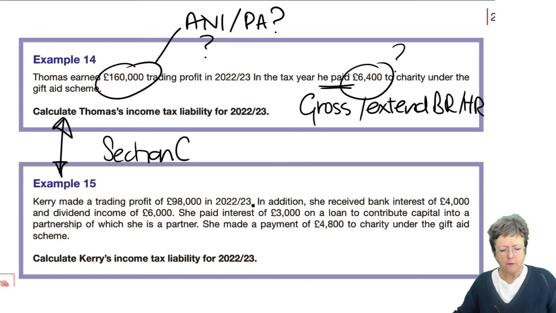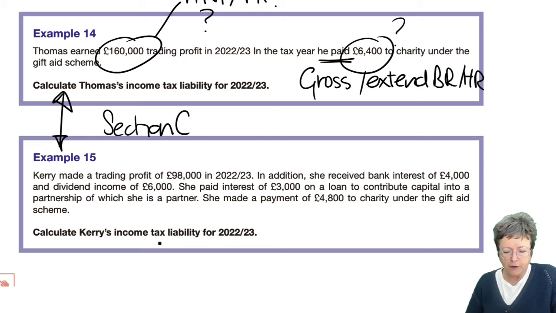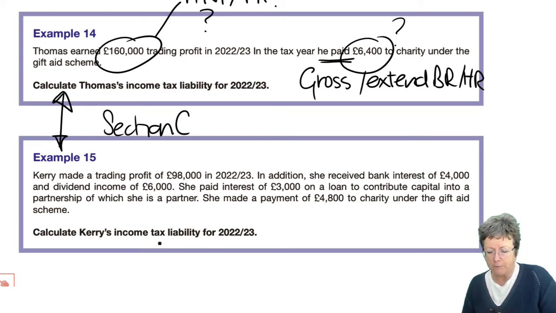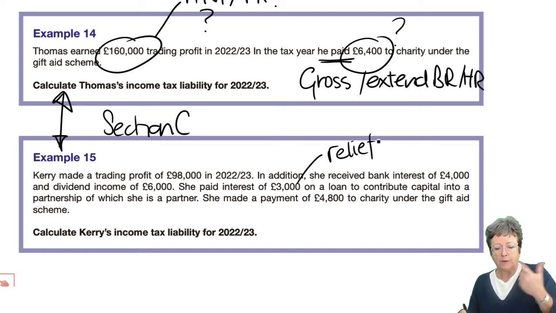Carrying on then. Example number 15. Kerry. Trade profits, so that's self-employment of 98,000, bank interest of 4, and dividend income. We are really going for it with this one. She paid interest on a loan to contribute capital, so she's going to get relief for that. So we're going to need 3 columns and the relief.